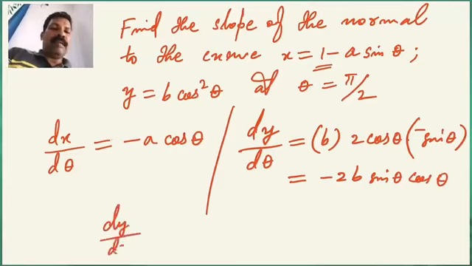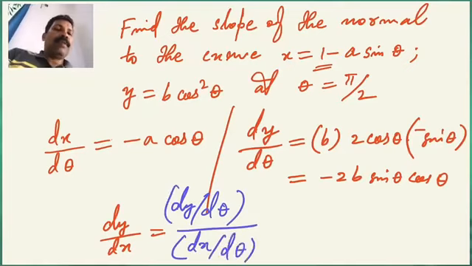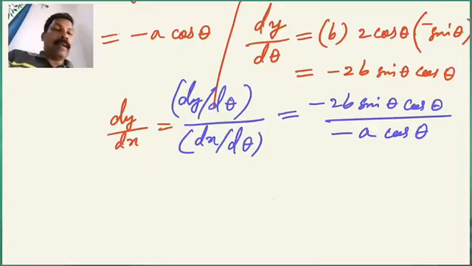Then we can find dy by dx by the formula dy by d theta divided by dx by d theta. That is equal to negative 2b sin theta cos theta divided by negative a cos theta. You can simplify by cancelling cos theta and the negatives.